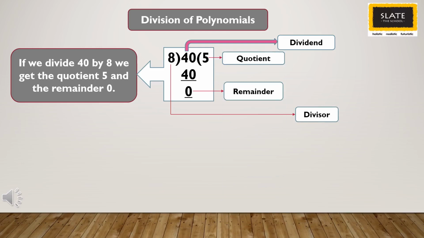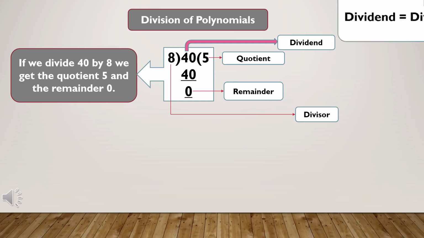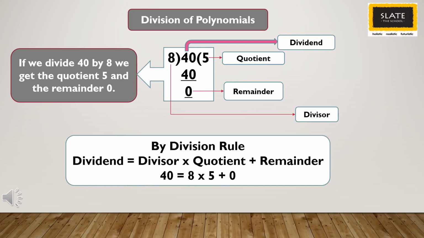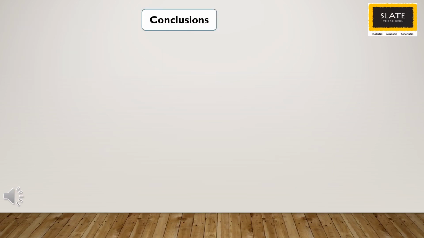If you observe in this division, the remainder is 0. So by division rule, dividend equal to divisor into quotient plus remainder, we can write 40 equal to 8 into 5 plus 0.